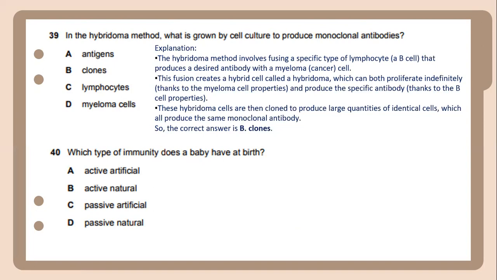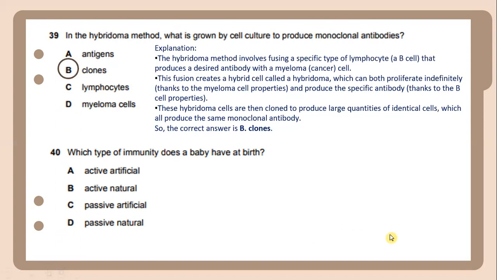This fusion creates a hybrid cell called a hybridoma, which can proliferate independently thanks to the myeloma cell properties and produce the specific antibodies thanks to the B cell properties. These hybridoma cells are then cloned to produce a large quantity of identical cells, which all produce the same monoclonal antibodies. So the answer will be B, a clone.